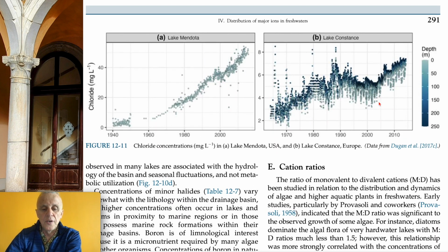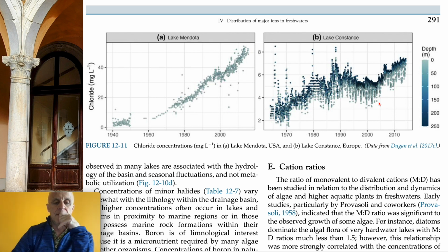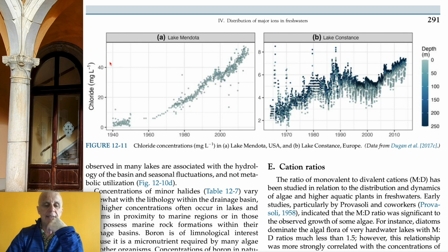And then this figure is chloride concentration in milligrams per liter in Lake Mendota and Lake Constance in Europe. So the y-axis is the chloride concentration in milligrams per liter, and the x-axis is the time series. This is a very long time series, more than 60 years of data, maybe even 70 years of data.